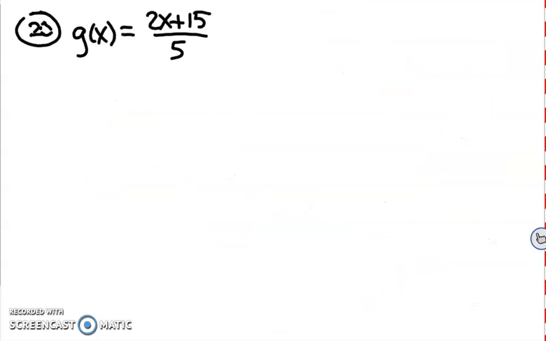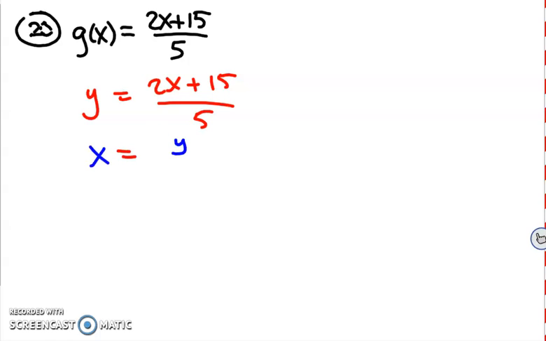Last problem. Replace g of x with a y. Exchange the x and the y. First step is to multiply both sides by the 5 and get rid of the division problem.